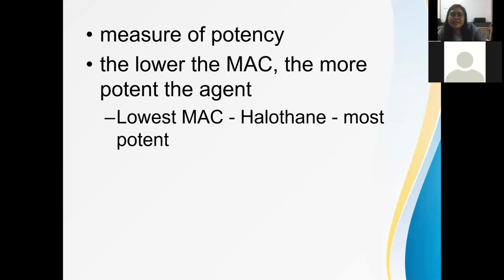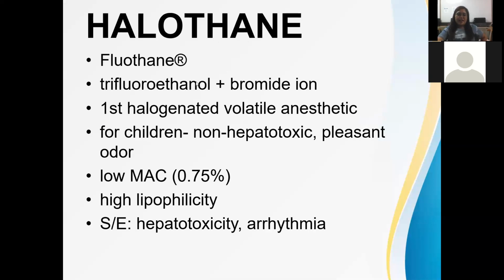So for the general anesthetics, the one that has the lowest minimum alveolar concentration is halothane. And that is the most potent among them. These are inhaled anesthetics. So again, halothane is the most potent of them all. The components of halothane are trifluoroethanol and the bromide ion combined.